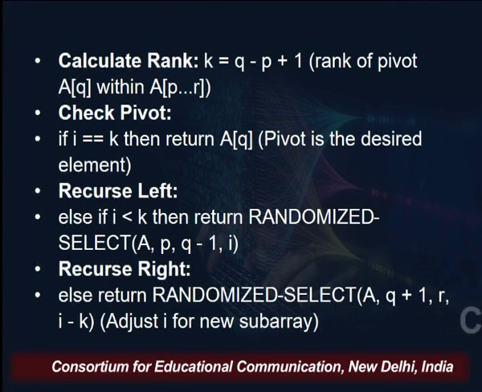But if this is not the situation, then either we will do this recursively for the left array, or we will do this recursively for the right array. So, if my i is less than k, that means the desired rank which I am looking for is smaller.